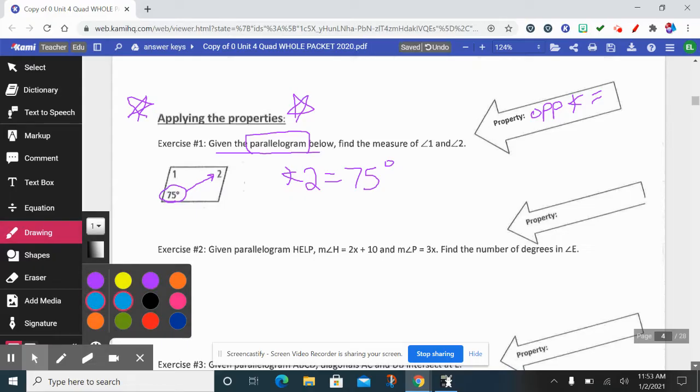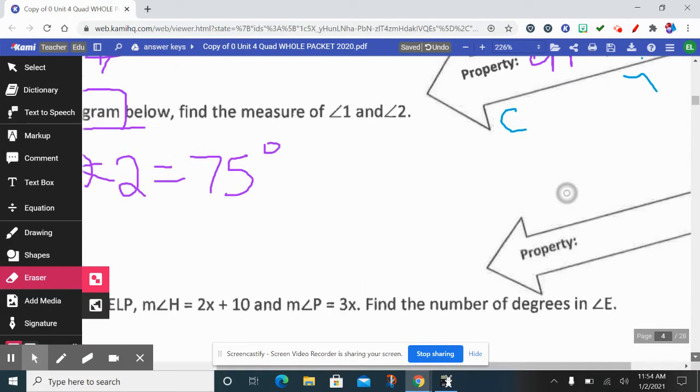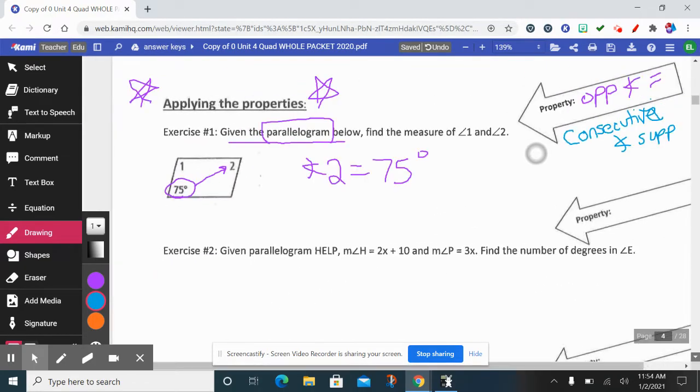But another fact that we know is that consecutive angles, if I can write today, sorry guys. Consecutive angles are supplementary. So what that's going to tell you about this picture is that this 75-degree angle and the angle next door to it, angle 1, equal 180.